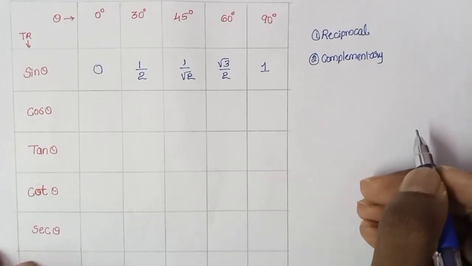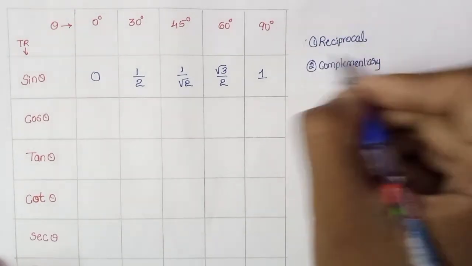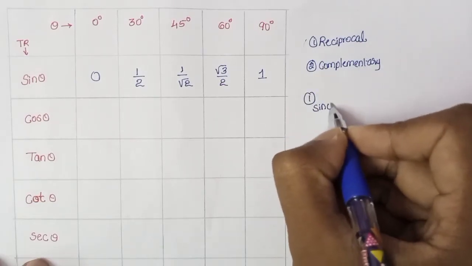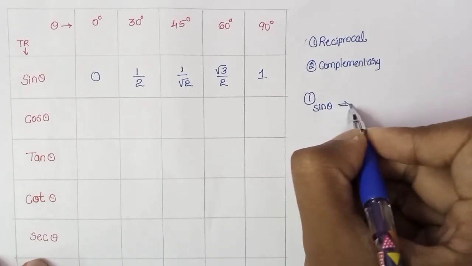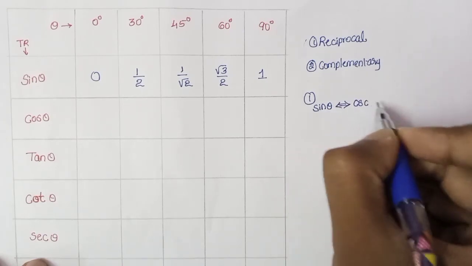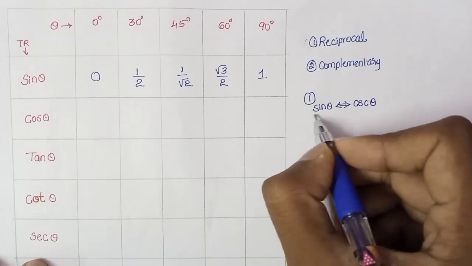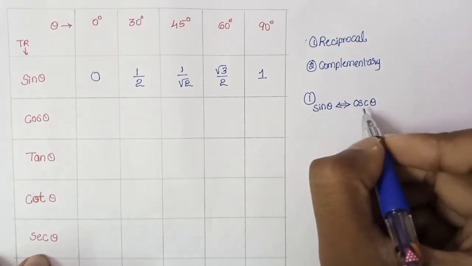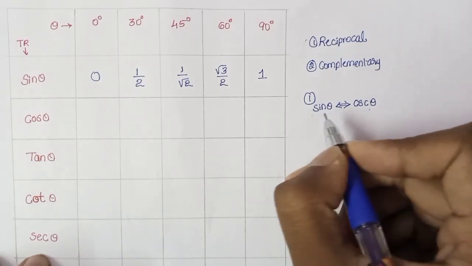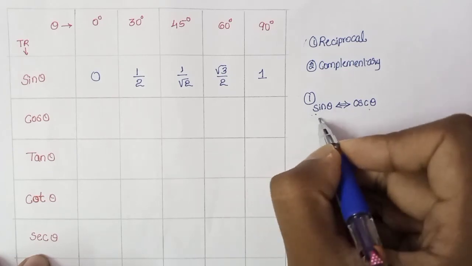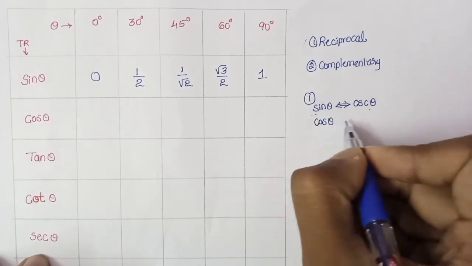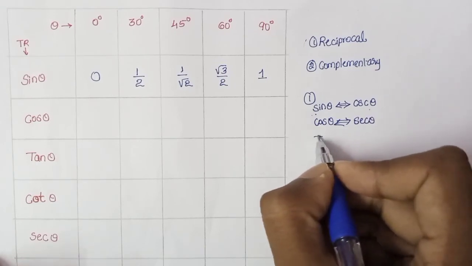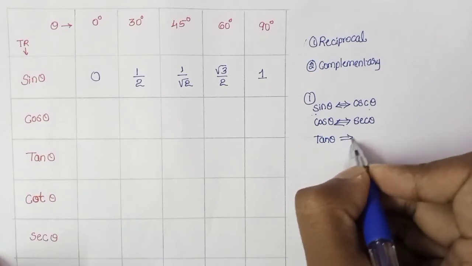Reciprocal relationship means sine theta and cosec theta have a reciprocal relationship. That is, if you reverse sine theta, you will get cosec theta. If you reverse cosec theta, you will get sine theta. Likewise for cos theta, it is sec theta. For tan theta, it is cot theta.